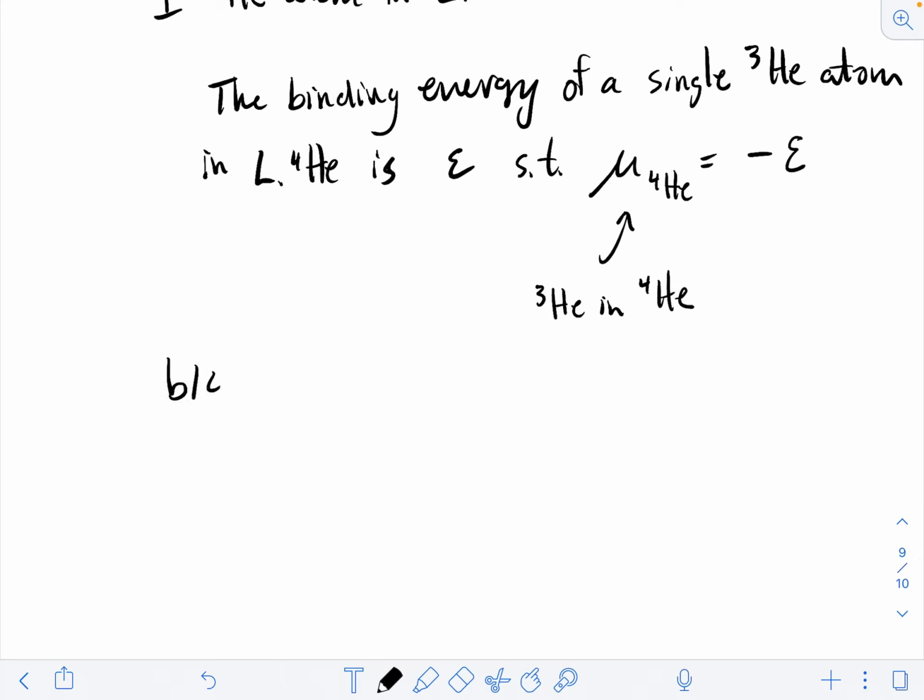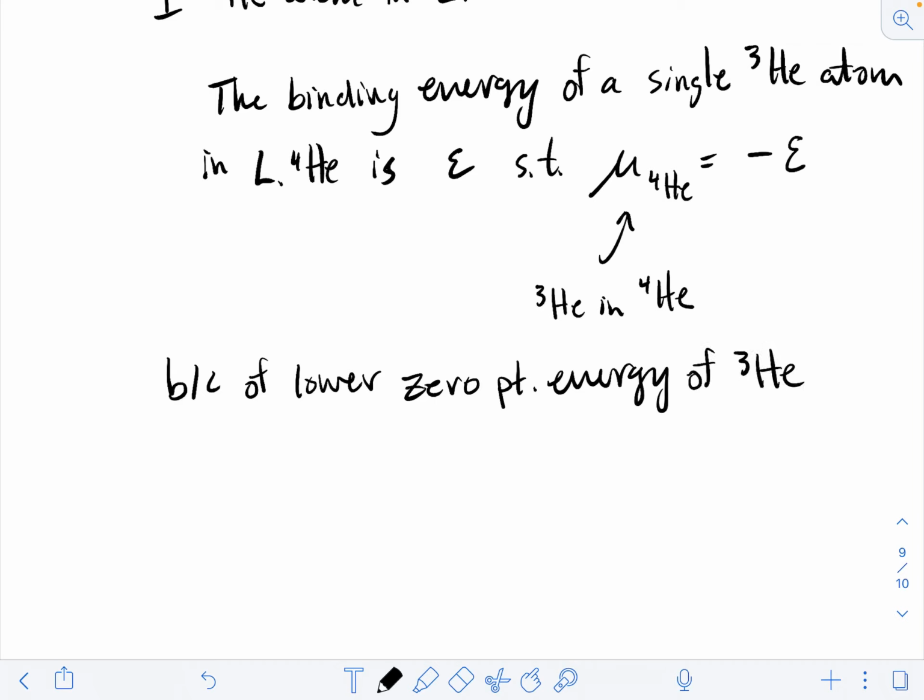Okay, so because of the lower zero point energy of helium-3, the helium-3 atom is more strongly bound when it's in the liquid helium-4, which means that the chemical potential in the case of helium-3 in liquid helium-3 is greater than it is in liquid helium-4.